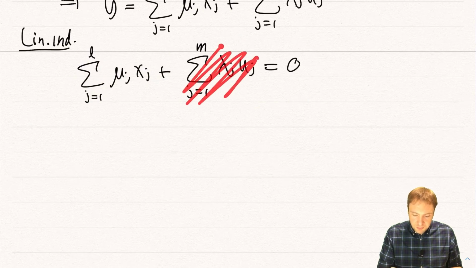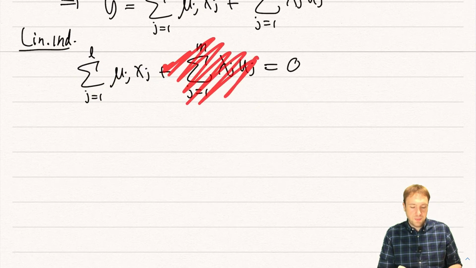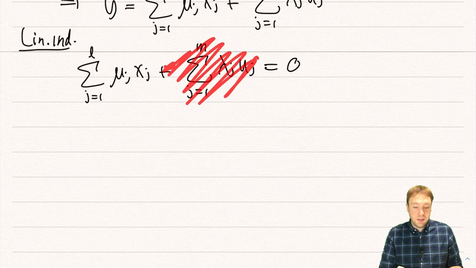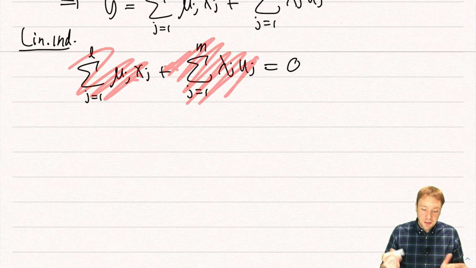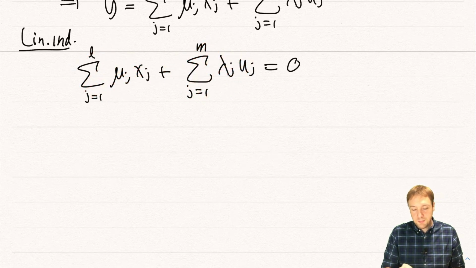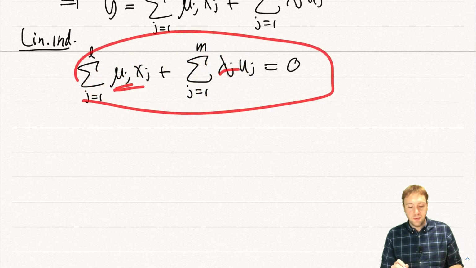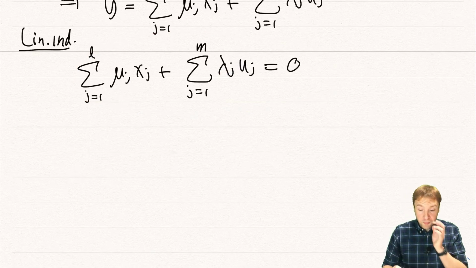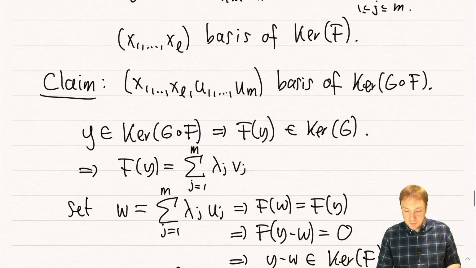So we can assume lambdas are 0, and then we have this equation that the linear combination of these xj is 0, but the xj's are also linearly independent, and therefore the mu's are 0. And therefore, if we have an equation like this, then these two are always 0, and therefore they are linearly independent.